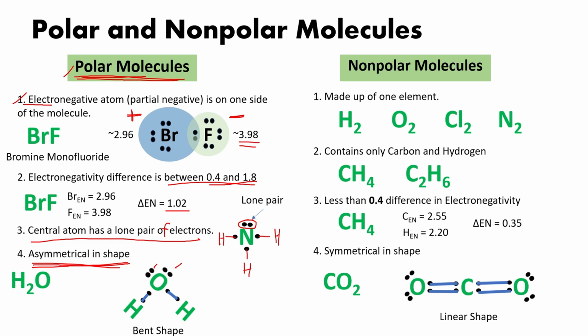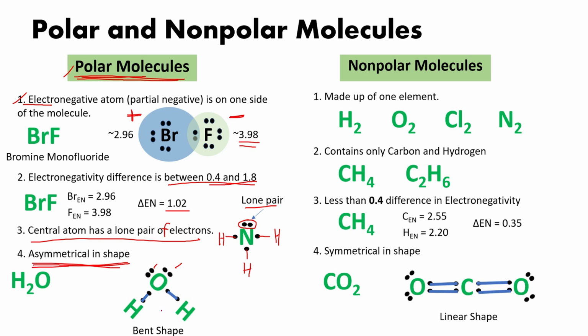If there is a lone pair that you see, then that is a polar molecule as well. So even though this is not hydrogen, as long as there's a lone pair in the central atom, then that is a polar molecule. Number 4, asymmetrical in shape.